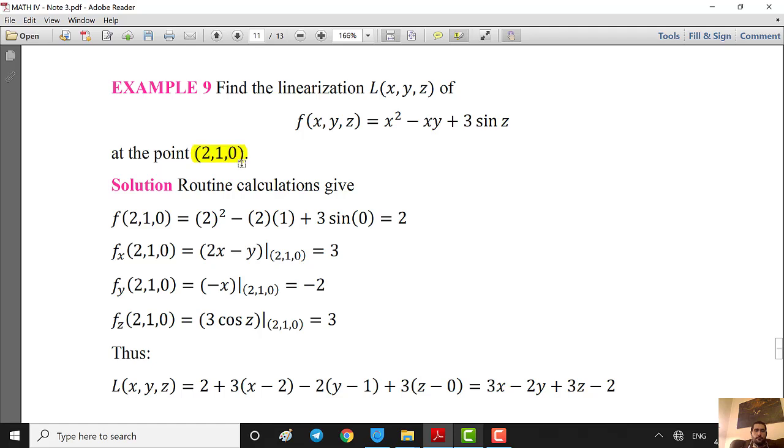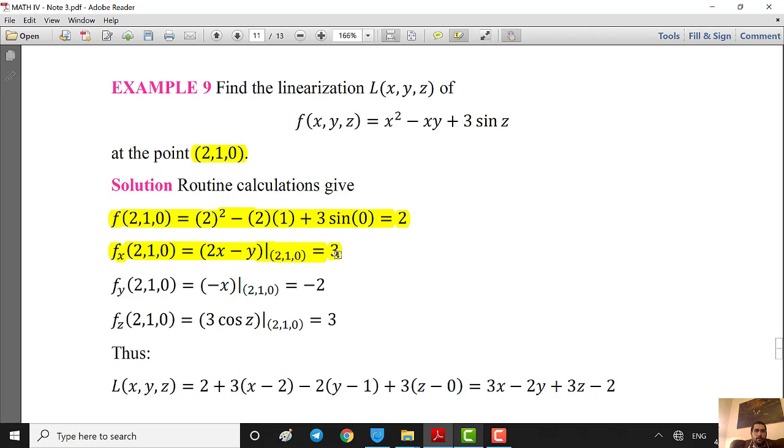Now, first we have to calculate the actual value of the function at the point, f(2, 1, 0), which is 2 to the 2 minus 2 times 1 plus 3 times sine of 0, which is 2. Then we have to evaluate ∂f/∂x at the point (2, 1, 0), which is 2x minus y, which is 3.